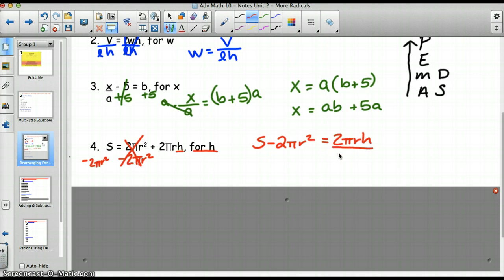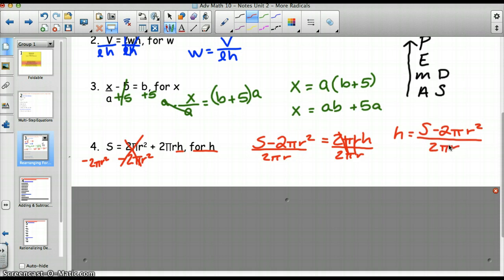So I have to divide both sides by 2 pi r. And I divide over here by 2 pi r. These all cancel. So my answer is h equals s minus 2 pi r squared over 2 pi r.